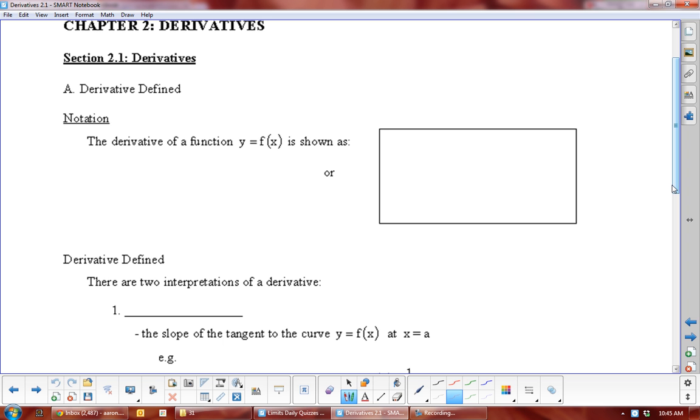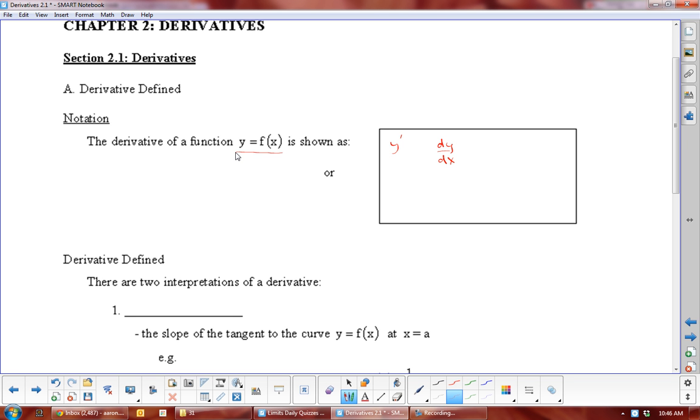Now, when you see y equals f of x, that's your original function. The derivative has many different notations. There's y prime, that would be the derivative of that. You can also do dy over dx, that is the derivative with respect to x.